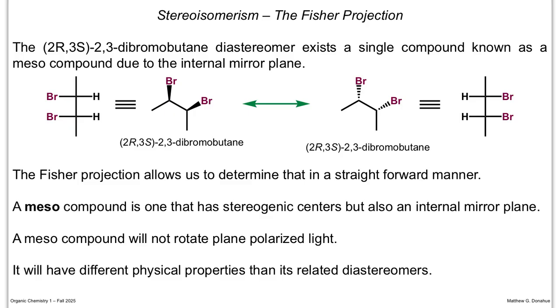When you do the rotation and look at it that way, they're on the same face. In a Fischer projection, what you're allowed to do is really only this, rotation of the whole molecule. You are not allowed to do any sort of rotations of an individual carbon whatsoever. Because when you do that, you're going to change the configuration.